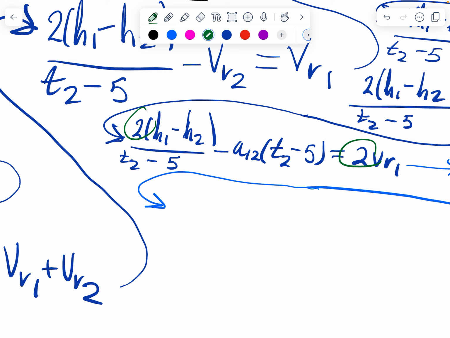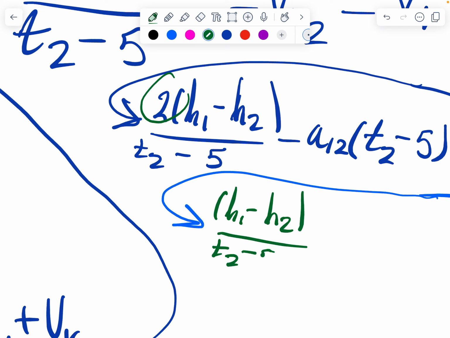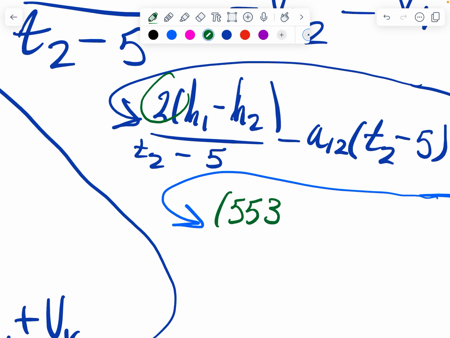I'm going to do this in green because I like green. So H1 minus H2 over T2 minus 5. Oh wait, we're plugging them in. What am I doing? I'm trying to remember the variables for some reason. It's been a long day. Okay, so H1 is 553. What's H2? 90.